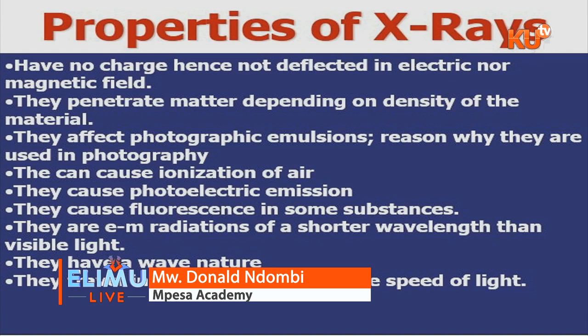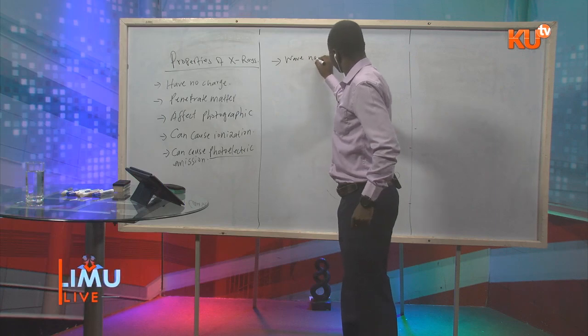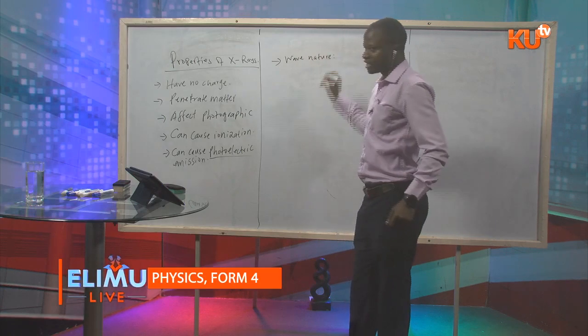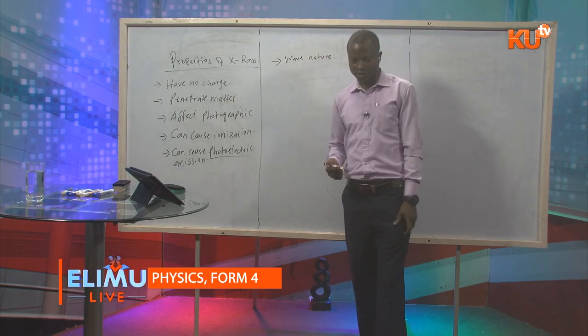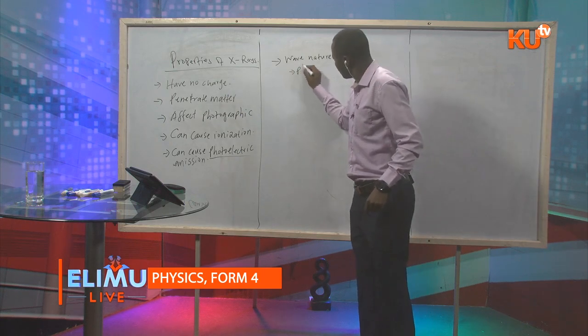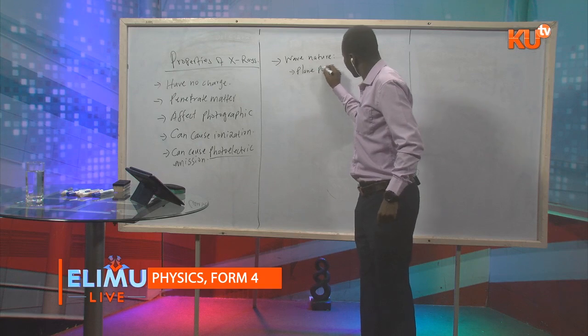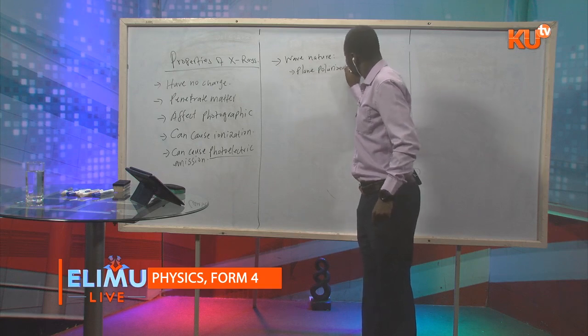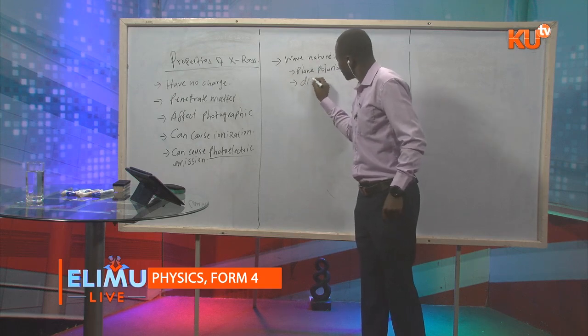Then they have a wave nature. What are some of the properties of waves? Waves can be plane polarized. Waves can be diffracted.